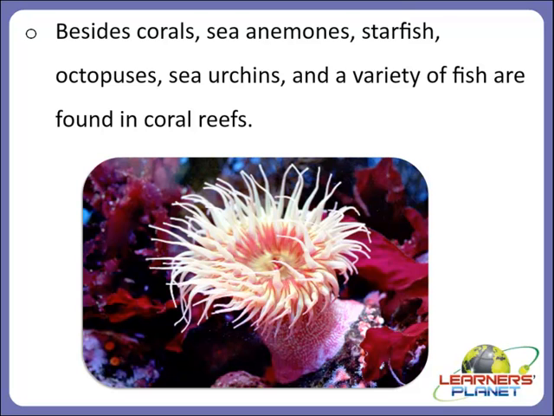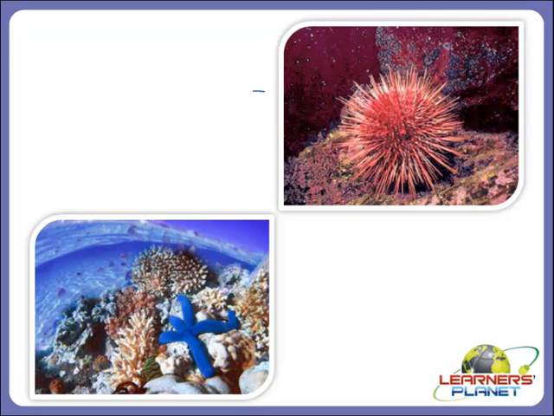Like this is the beautiful picture of sea anemone. Let us have a look at other pictures too. Yes, this is the beautiful picture of sea urchin. And this here, can you mark out?